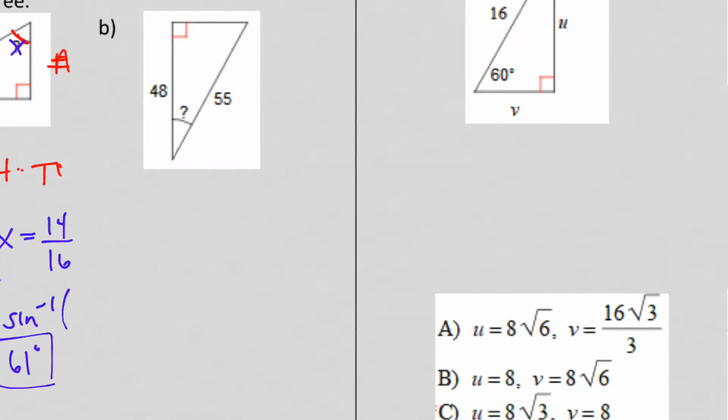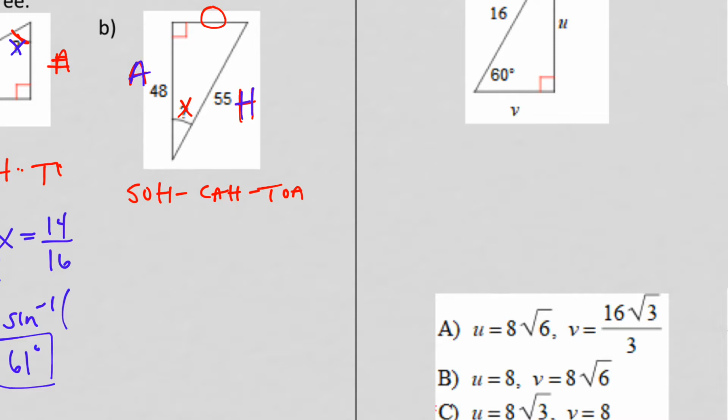Okay, 7b. Again, here I want to find this missing angle. We'll call this X again so we can see that. Again, using SOHCAHTOA as reference. Here, if this is my reference angle, then this is my hypotenuse. The side opposite my angle is going to be this blank side, and this is adjacent. In this example, the opposite side has no value, so I can't use that, but I can use the adjacent and the hypotenuse.